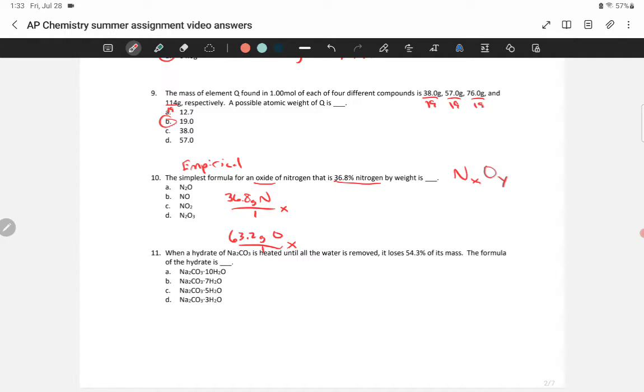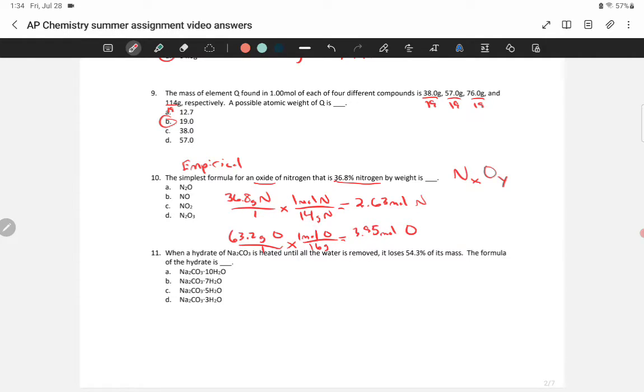And we're going to convert grams to moles. There's 14 grams of nitrogen in a mole of nitrogen. And then for oxygen, it's 16 grams. So that's going to give us 2.63 moles of nitrogen, and we're going to have 3.95 moles of oxygen.